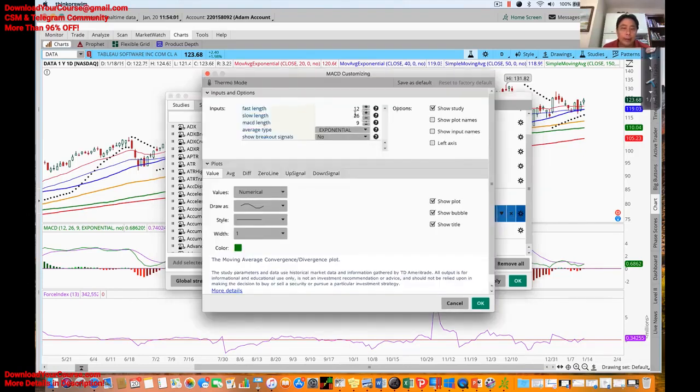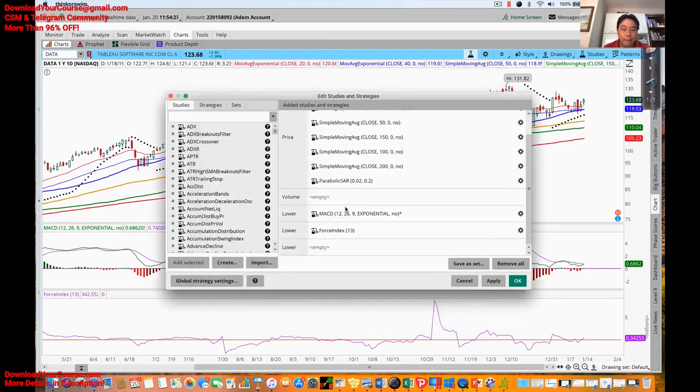Alright, so what I'm going to edit is I'm going to change the value of the MACD line to black. Okay, so the MACD line will be black. So again, there are two lines, the MACD line and the signal line. Alright, so the MACD line will be black, and the signal line, which is the moving average of the MACD line, will be red. Alright, so put it there.